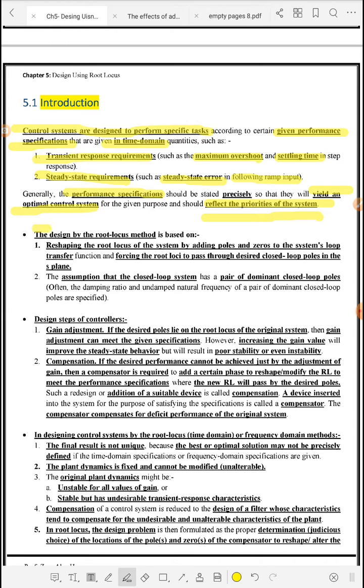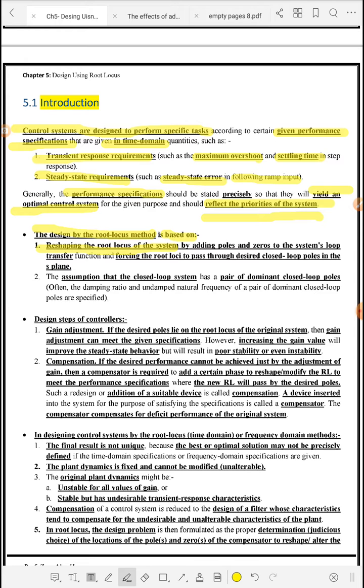So when we design the control system in time domain based on the root locus technique, there are two main assumptions, two main facts that this design process is based on. The first one is reshaping of the root locus of the original plant.